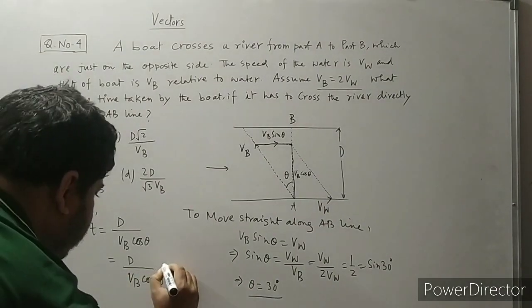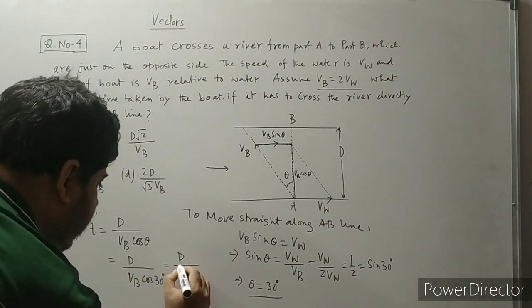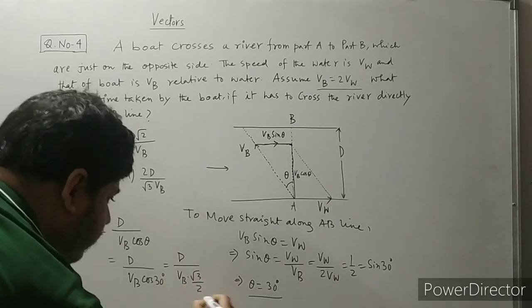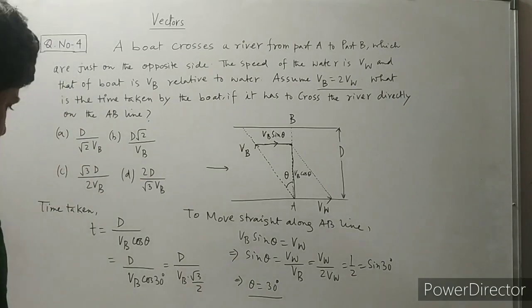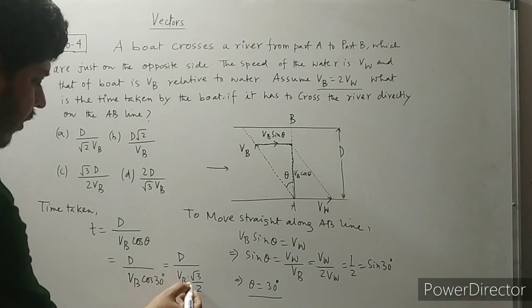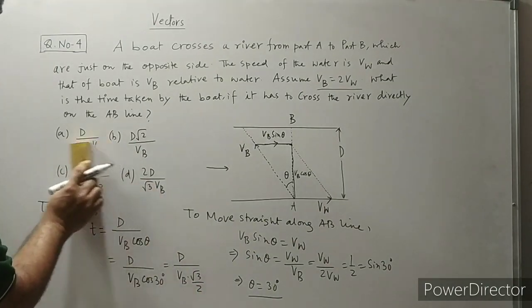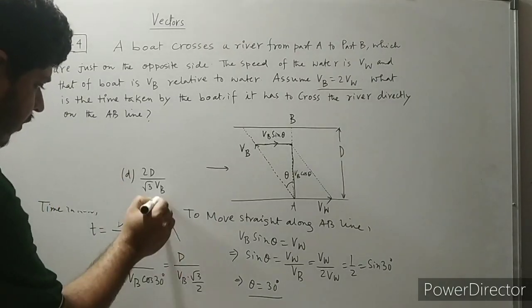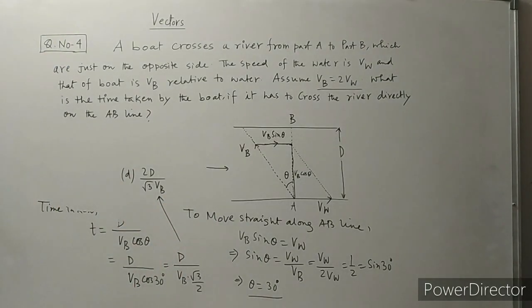So we can write D by VB into root 3 by 2, which will give us this option, 2D by root 3 VB. So option D will be our correct option. For this question number 4, the correct alternative is 2D by root 3 VB. Fine. Clear?